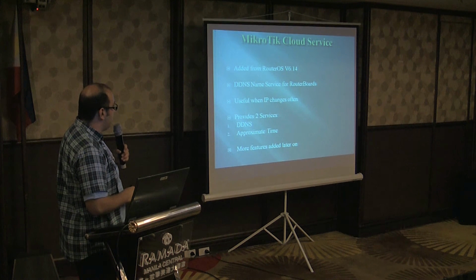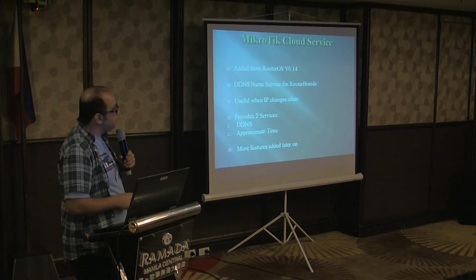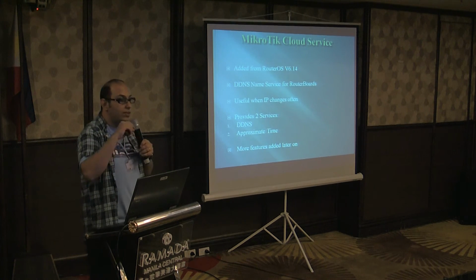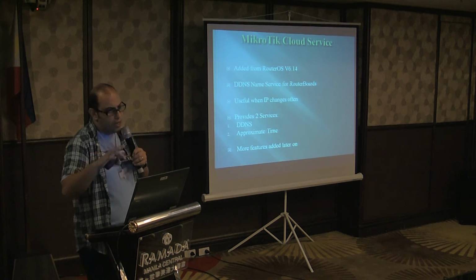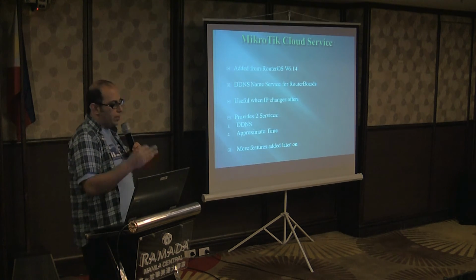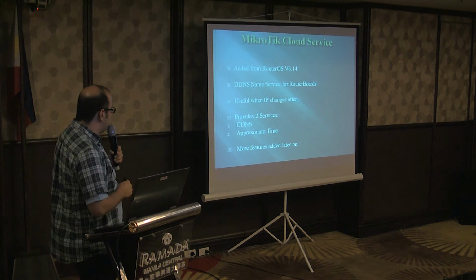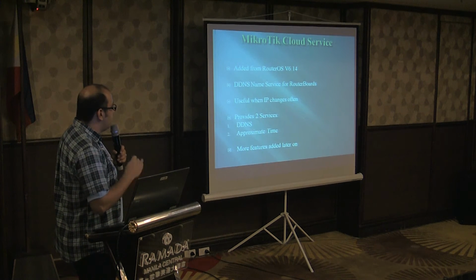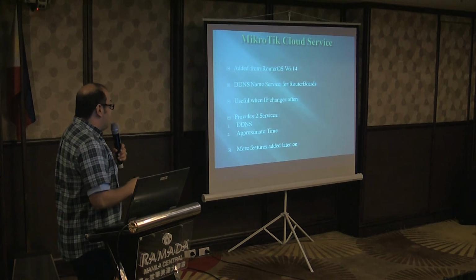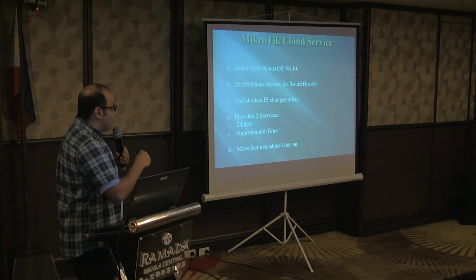Added from RouterOS version 6.14, the DDNS name service for RouterBOARDs. So it's the only service for RouterBOARDs up to now. Maybe in the next update we will have it for other platforms like x86. It's very useful when your IP changes often, same as before, but more features will also be added later on.